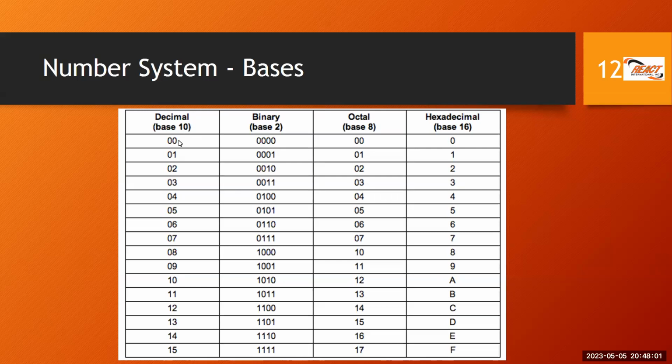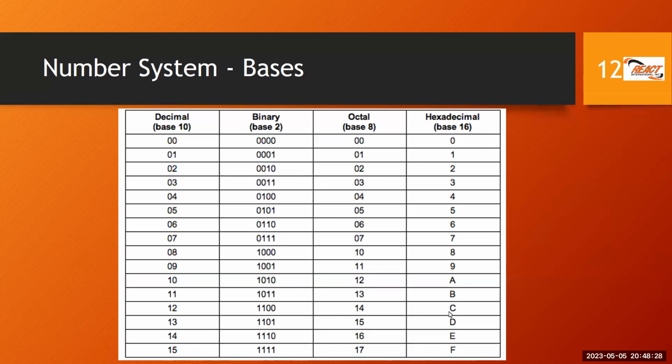So we start with 0, then go 1, 2, 3, 4, 5, 6, all the way to 8, 9, 10, and then 11, 12, 13, 14, 15. We are using the decimal system, which is base 10.